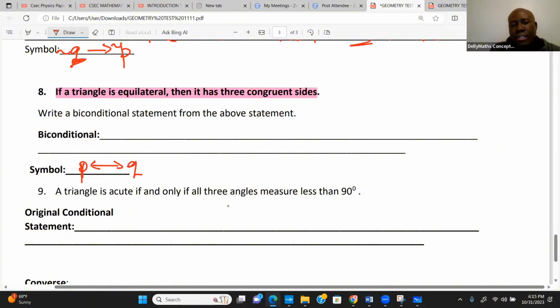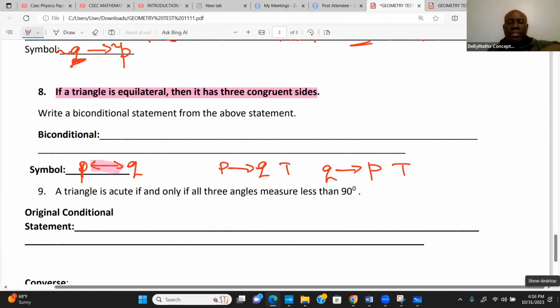So with a biconditional statement, our conditional statement is true, and our converse is also true. So it's like the statement could go both ways, which would have indicated the double arrow. So P to Q, Q to P. That's the symbol. How do you write it?